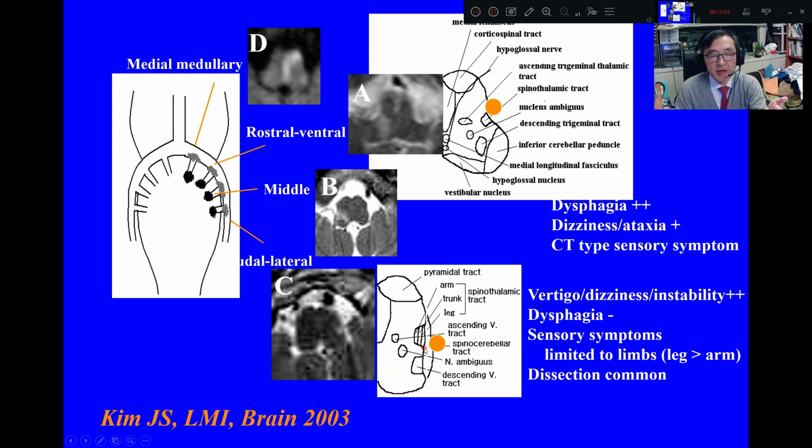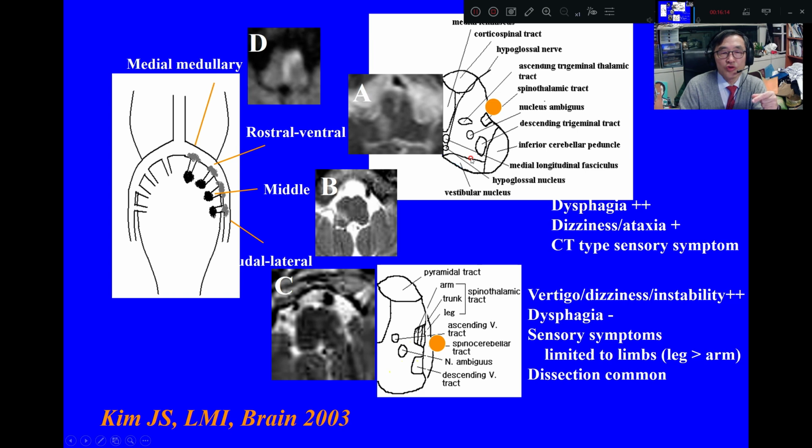On the other hand, if we look at upper medullary lesion, the vertebral artery here is going up more ventrally to make some ventrally located lesion, sparing the dorsolateral area where the inferior cerebellar peduncle and vestibular nucleus are located.